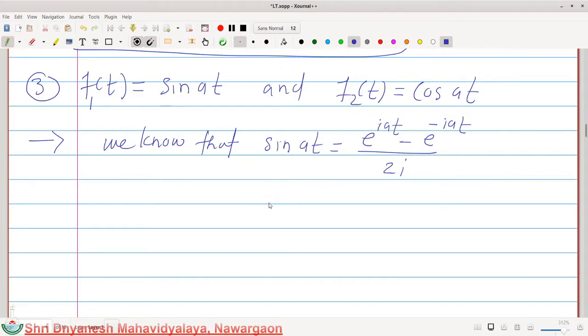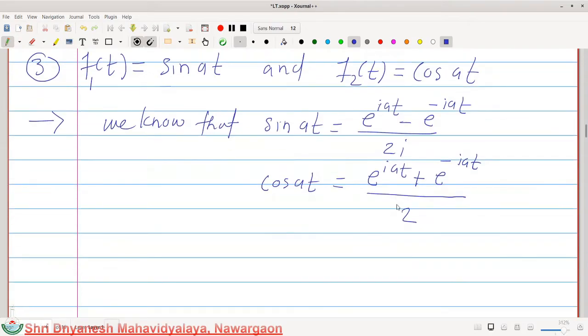And what is the formula for cos at? This is e to the power iat plus e to the power minus iat upon 2. We will find the Laplace transform of these functions by using these formulas.